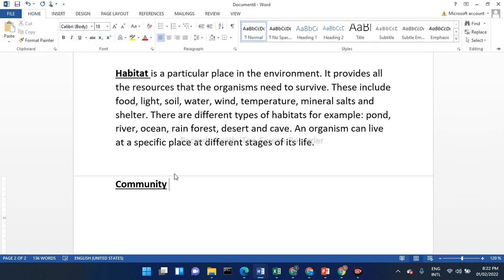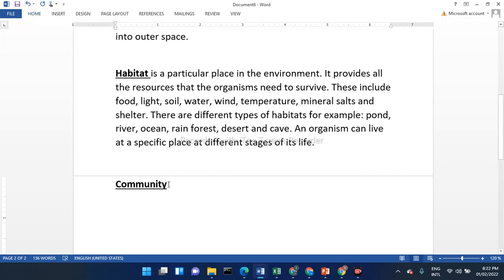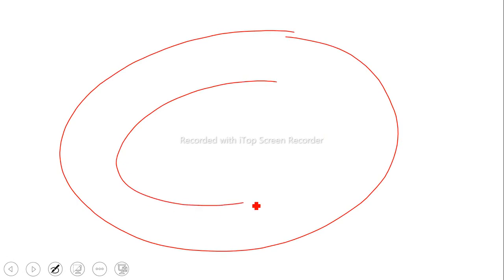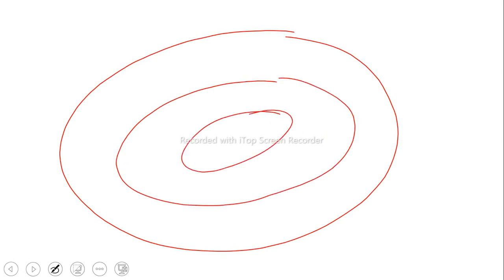So where would the community be? Let's do the whole scenario again. We have this, this, and this. Label biosphere, habitat, and community. Which one would be the biosphere?